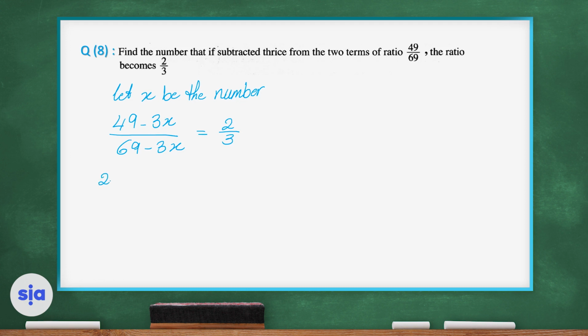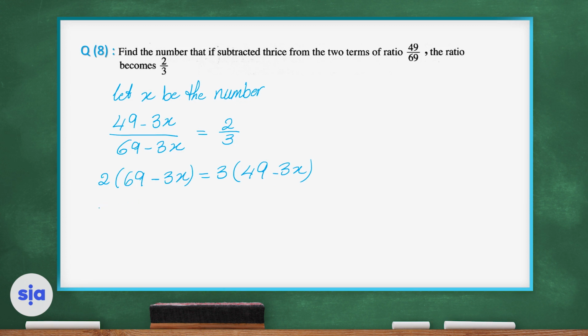So 2 times 69 minus 3x equals 3 times 49 minus 3x.